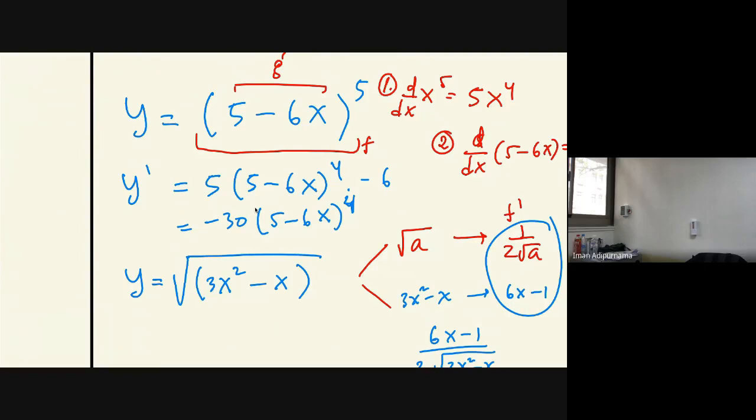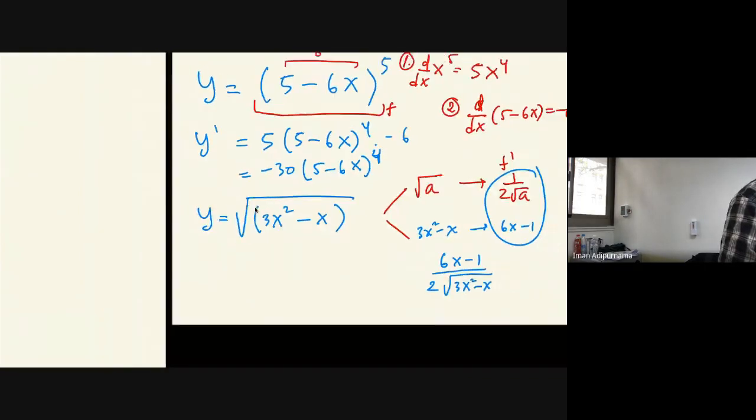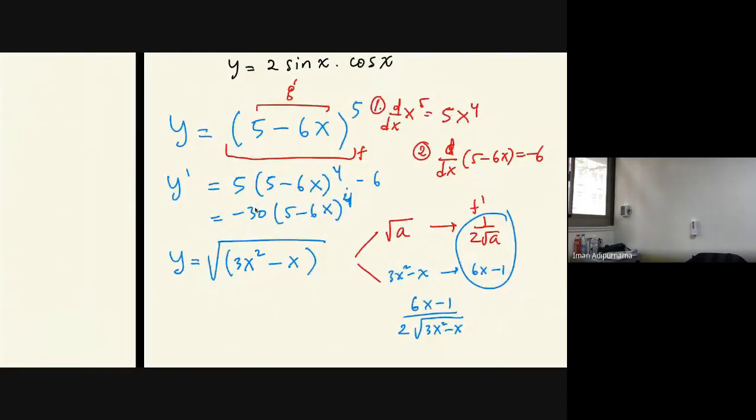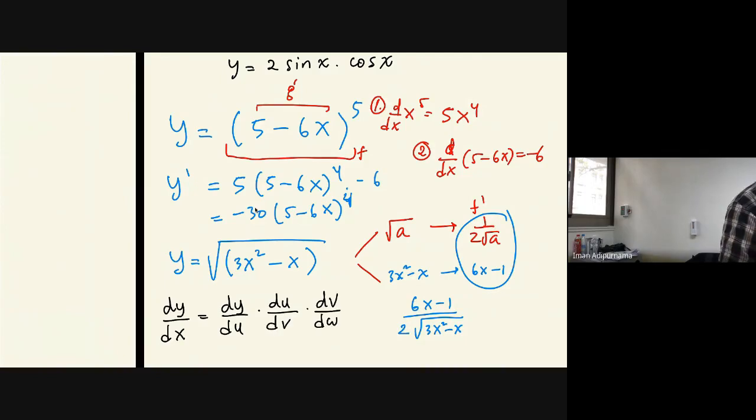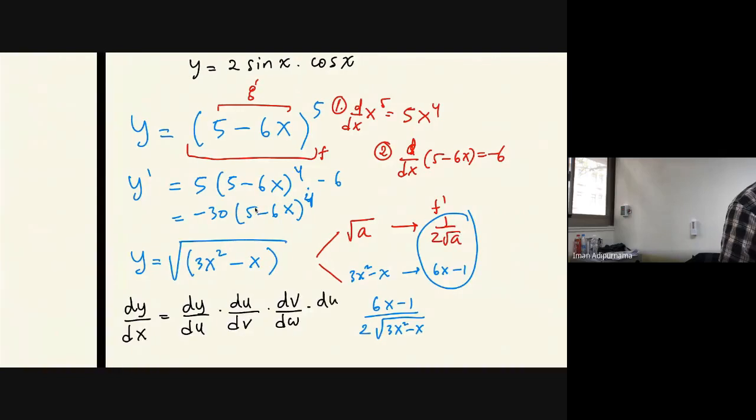This example only has f and g, but it can also have h and other functions as well. So for example, you can have dy dx as dy du, du dv, dv dw, dw dx.